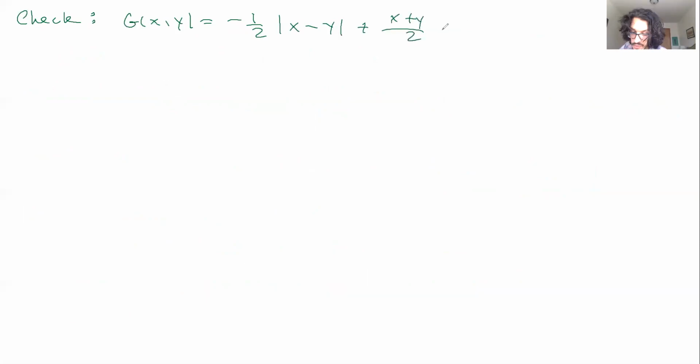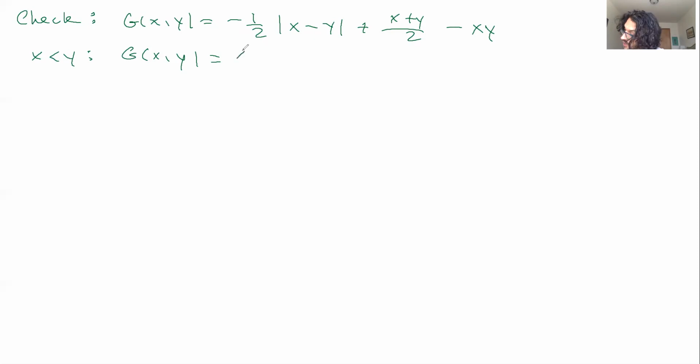Okay. Now, did this work? Let's go ahead and check. Well, we have now that g(x,y) is equal to minus a half |x minus y| plus (x plus y)/2 minus xy. So when x is less than y, it would be minus this, right?